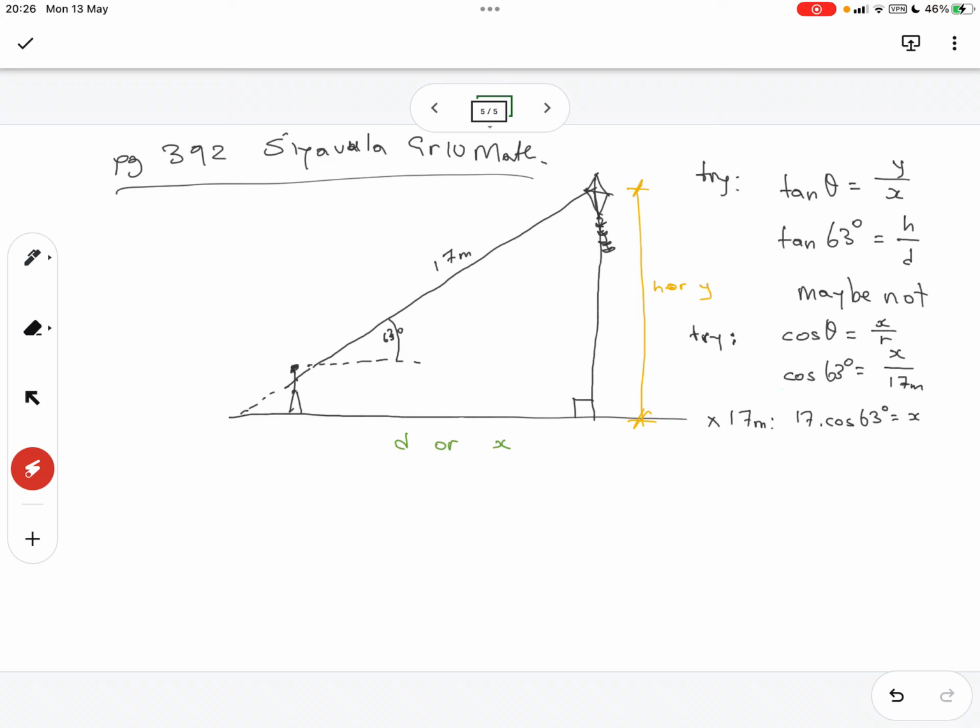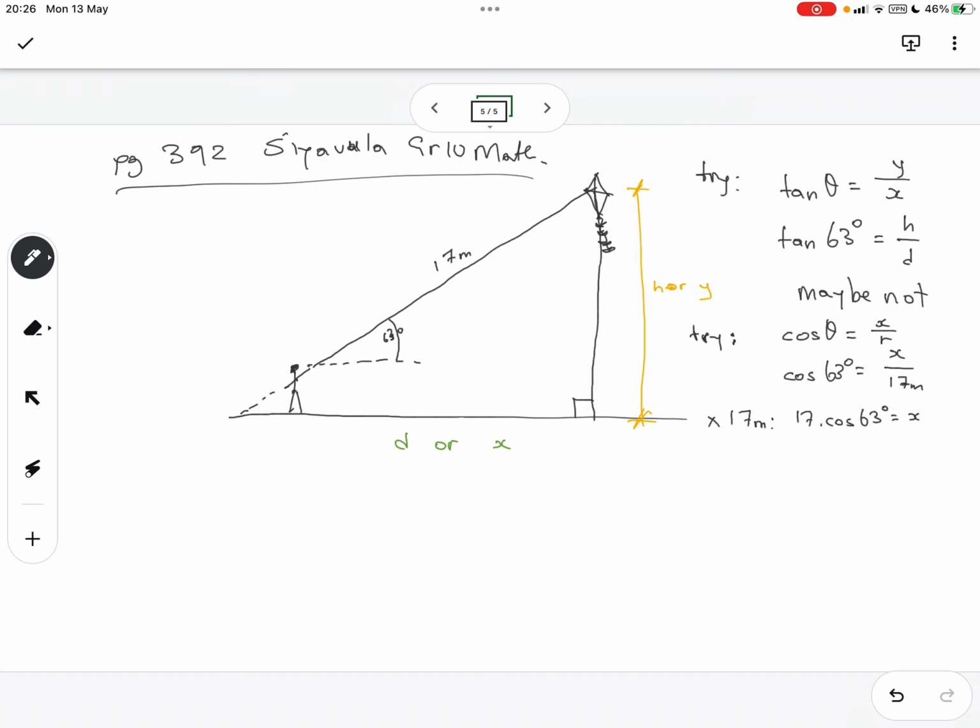You can punch in cos 63 in your calculator. It should give you a decimal, irrational number. You multiply it by 17. That should give you the answer for x.